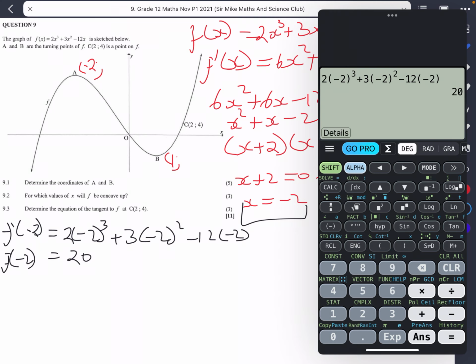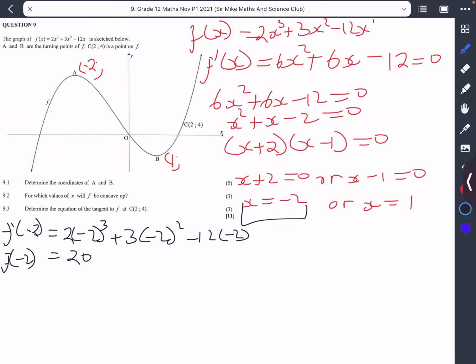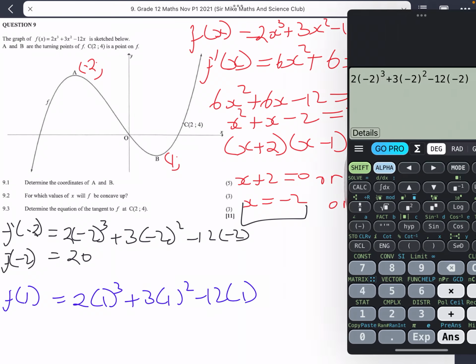So for us to find the one also when x is equal to 1, what you would do is the same thing again. So let me just take another color. So in this case, this would be f at 1, not negative 1. So this would be 2 times 1 cubed plus 3 times 1 squared minus 12 multiplied by 1.